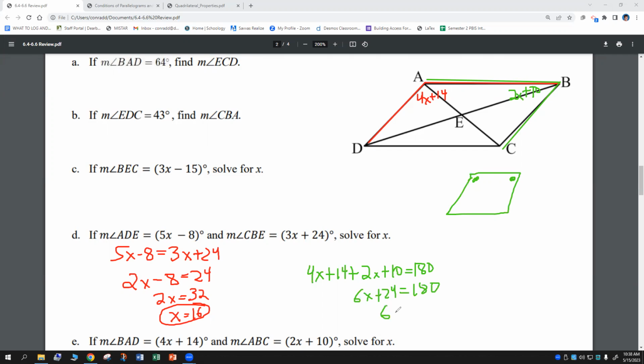When I subtract 24 from both sides, I get 6x equals 154. And then when I divide both sides by 6, I'm going to get x equals 26. That's for the last one.